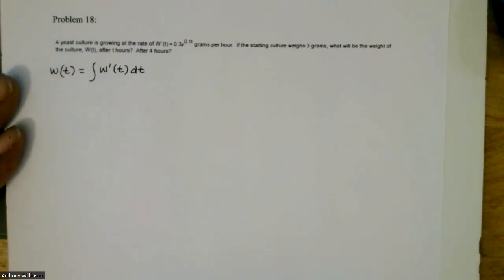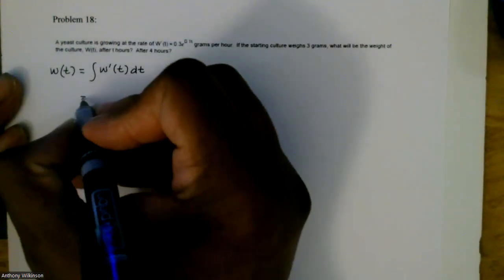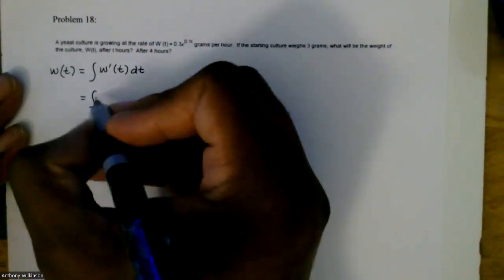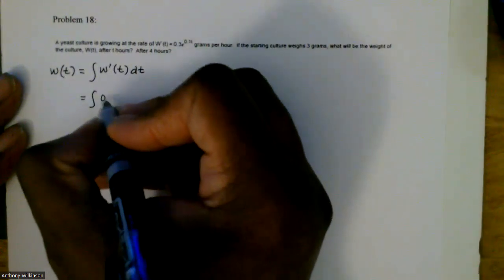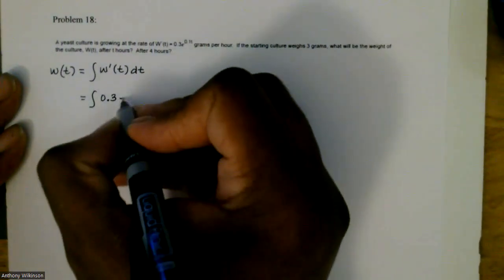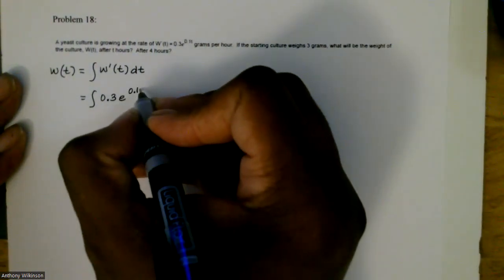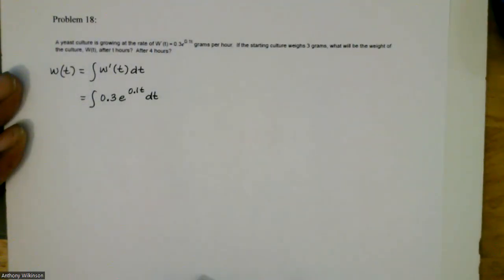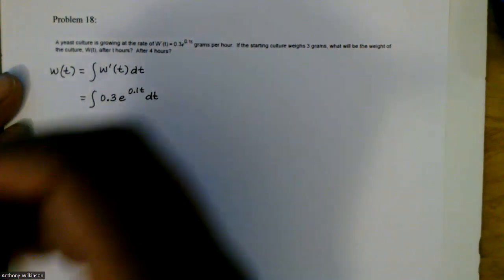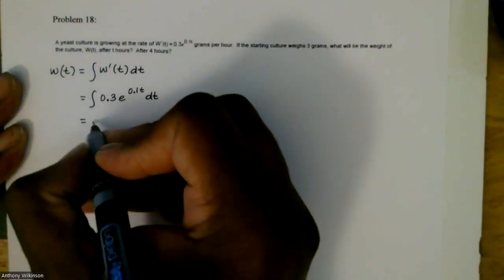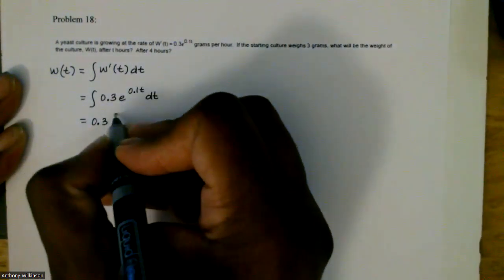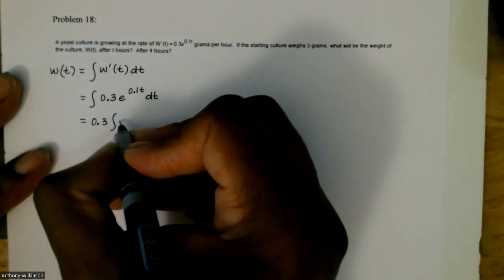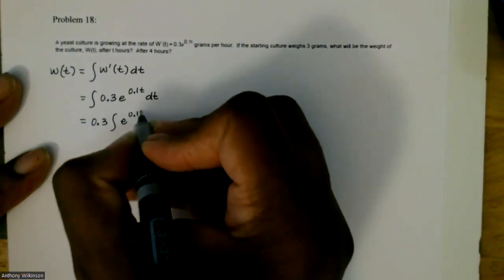So W of t will be the integral of W prime of t dt, and W prime of t is 0.3 times e to the 0.1t dt. What I will do here is put that 0.3 in front of the integral, so it'll be 0.3 times the integral of e to the 0.1t dt.